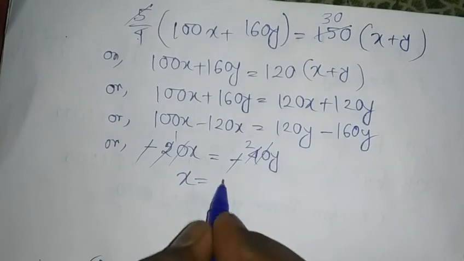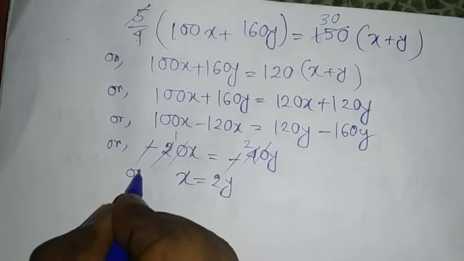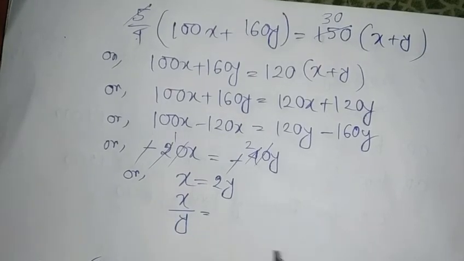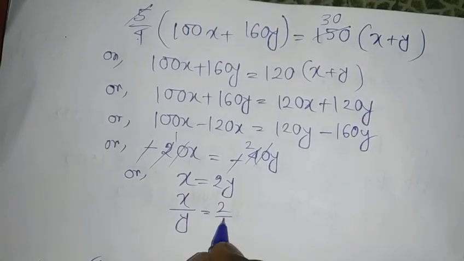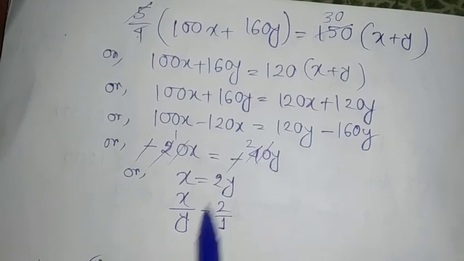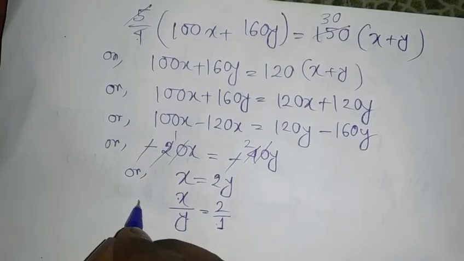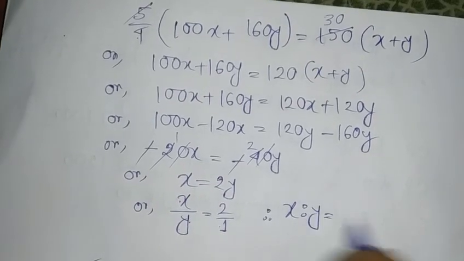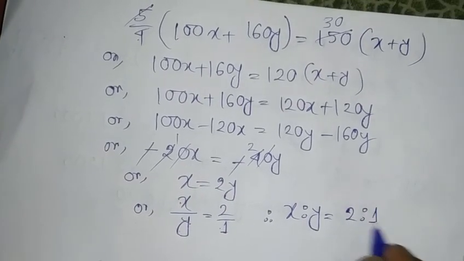So x equals 2y. But we need to find the ratio, so we write x by y, which we can write as 2 by 1. You can check it: 2 into y is 2y, x into 1 is x. Therefore, x is to y is equal to 2 is to 1. This is the final answer.